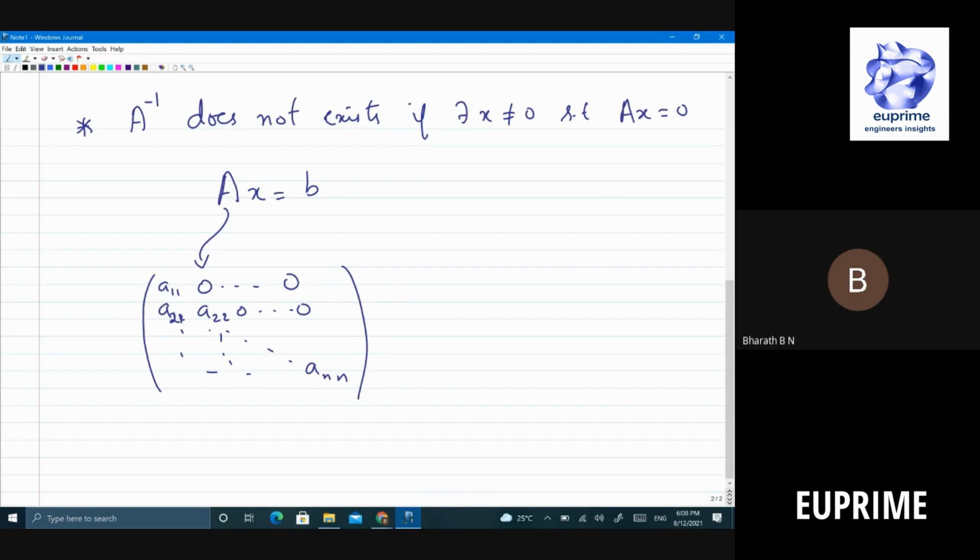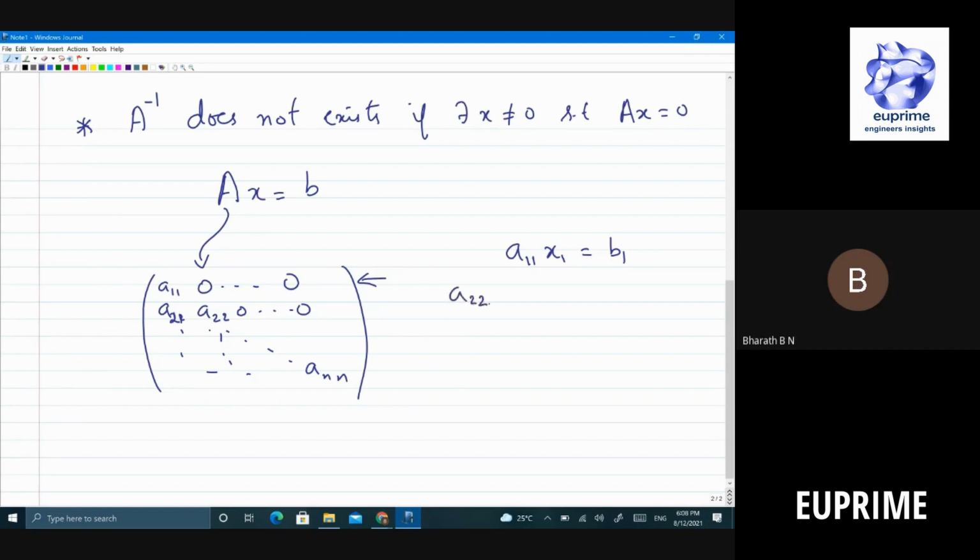Very easy, right? So if you take the first row here and multiply with x, what do you get? The only non-zero term is A11, right? So A11 gets multiplied by the first component of x, let's say x1. So we get A11 x1 equal to the first component of B, which is B1. From which you can easily calculate x1, right? Done. So what about the second equation?